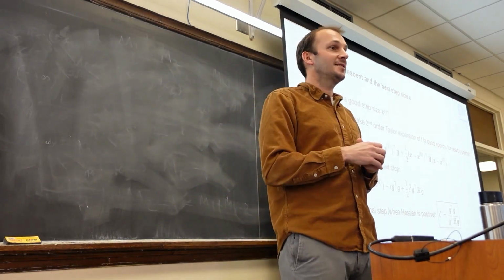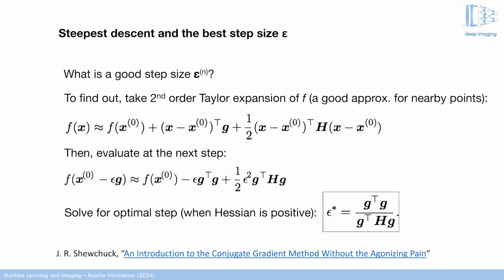Okay, and then we saw this step size can be determined each iteration as well. It's directly computed from the gradient that you evaluate and the Hessian. So the ratio of the inner product of the gradient and this G transpose HG, for lack of a better word, gives you a scalar value, an optimal step size to take.